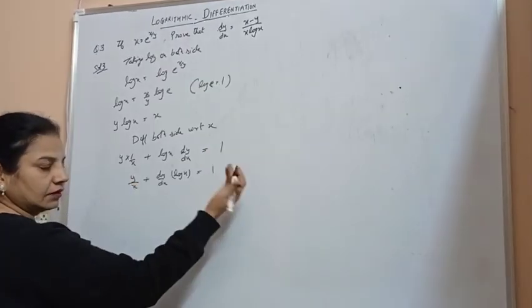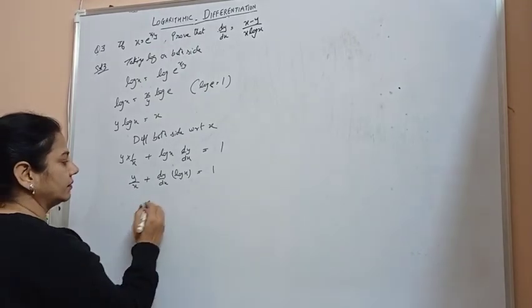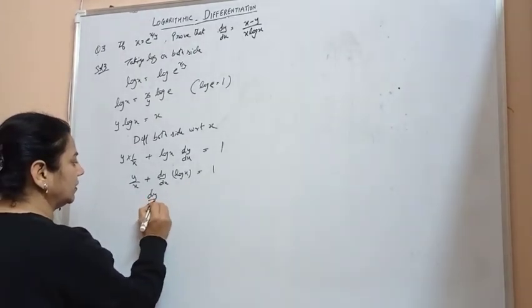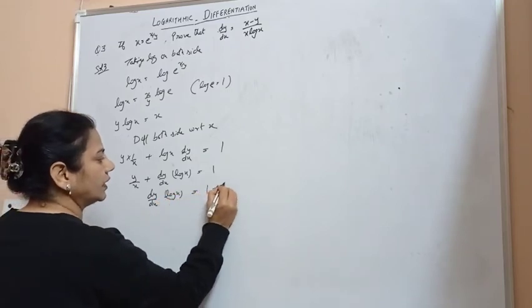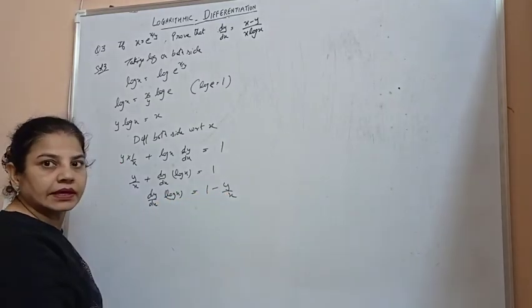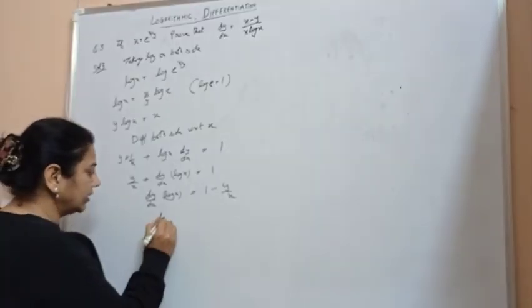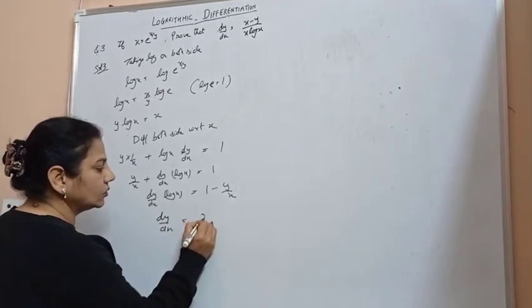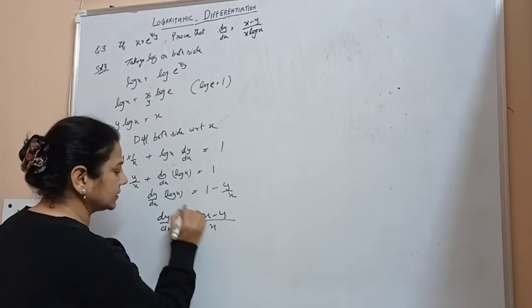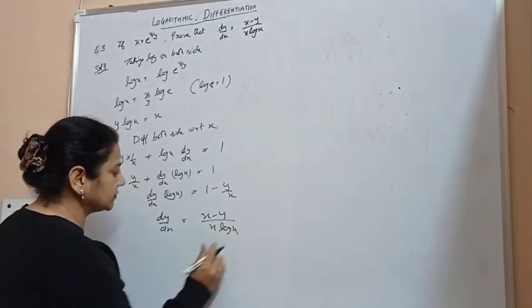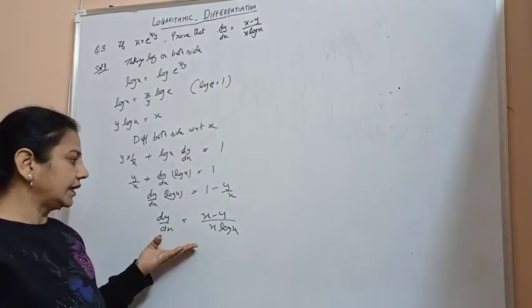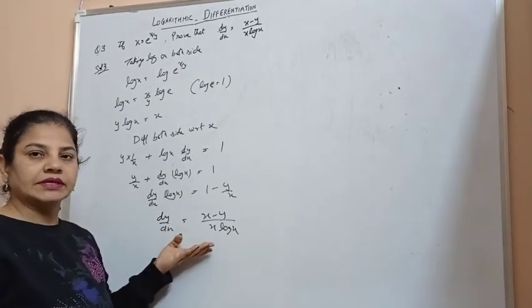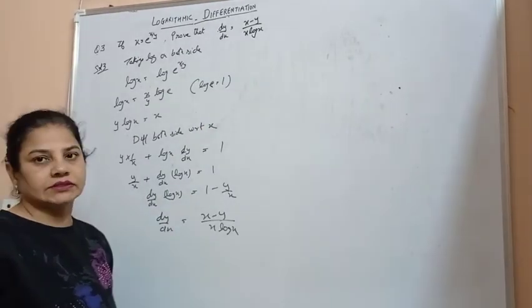So this y by x goes to the right hand side. So I get dy by dx log x is equal to 1 minus y by x. I get dy by dx is equal to x minus y upon x log x. This is what I have to prove. dy by dx is equal to x minus y upon x log x, and I get the result.